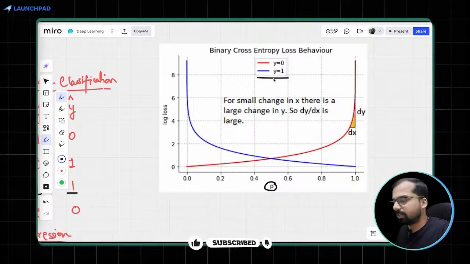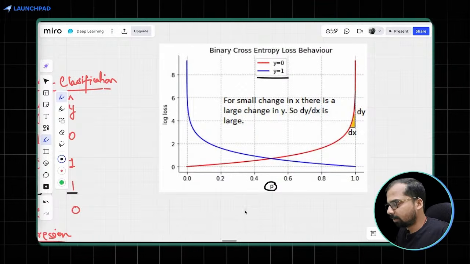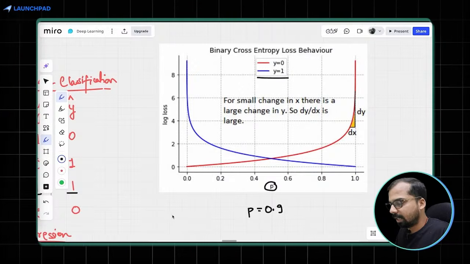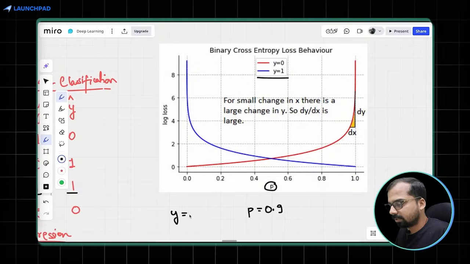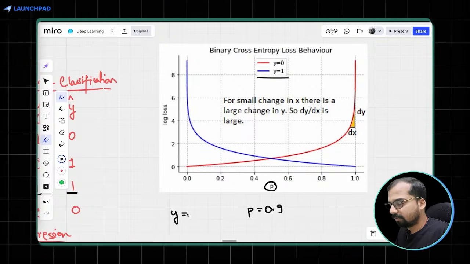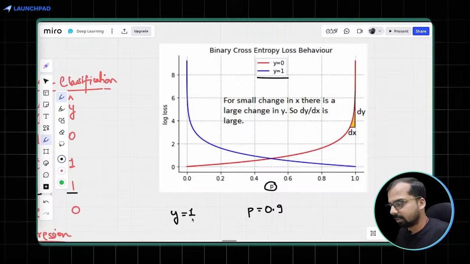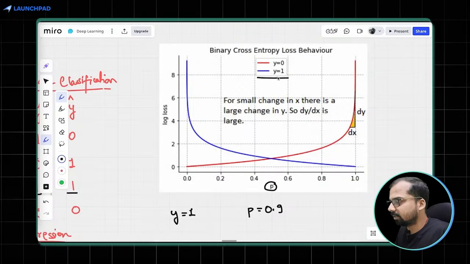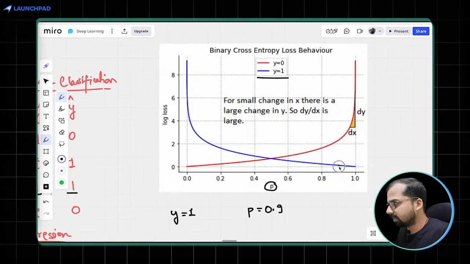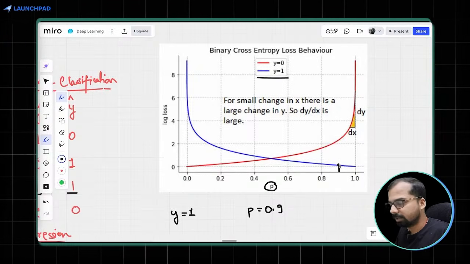So if your probability from the model is 0.9, and your actual value y is 1, so blue line, and your probability is 0.9, so it's somewhere over here, so you get a small loss.